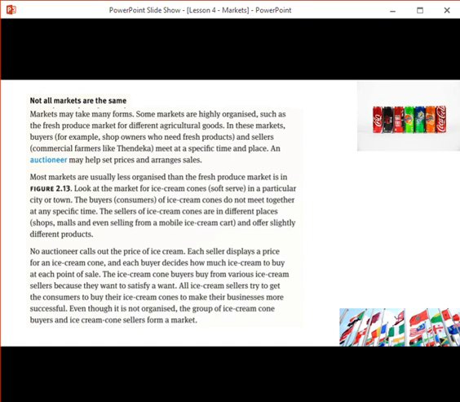Then another term that you need to understand is auctioneer. Now, okay, let's think back on an organized market before we go there. With the organized market, there's a shop. The shop owner buys all these fresh fruit and vegetables from a farmer. Right? He then negotiates with this farmer for the different rates.